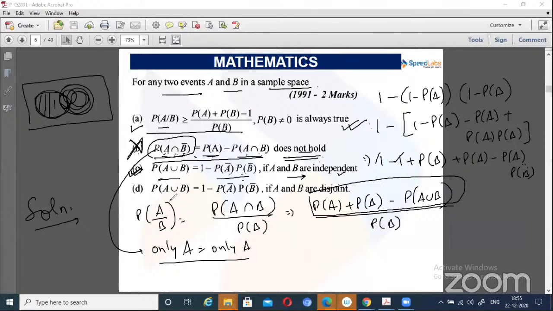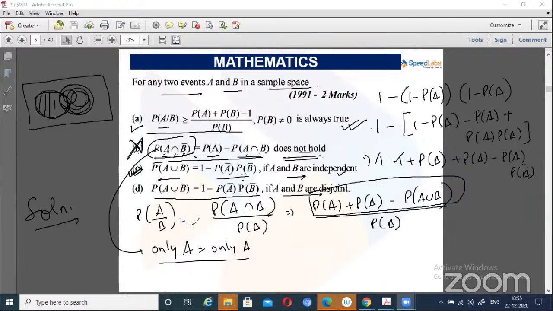Okay, and the same formula is written for disjoint also. So see, what is disjoint? Please answer. A and B are disjoint, what does that mean? If A and B are disjoint, what does that mean? No answers?